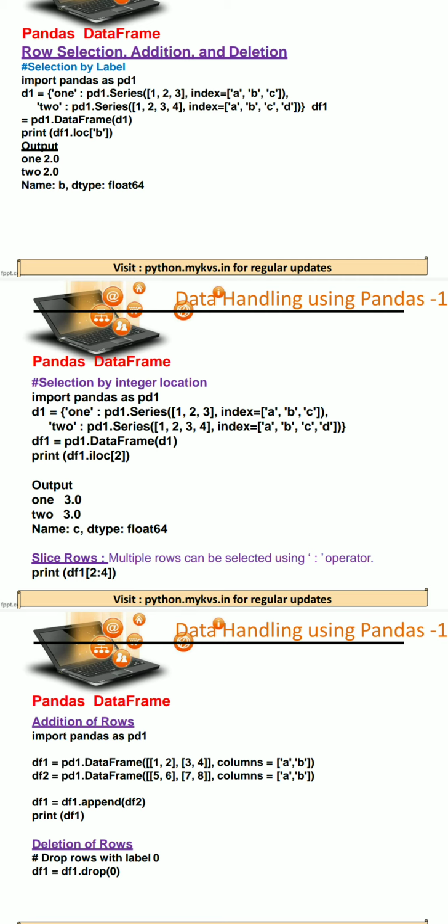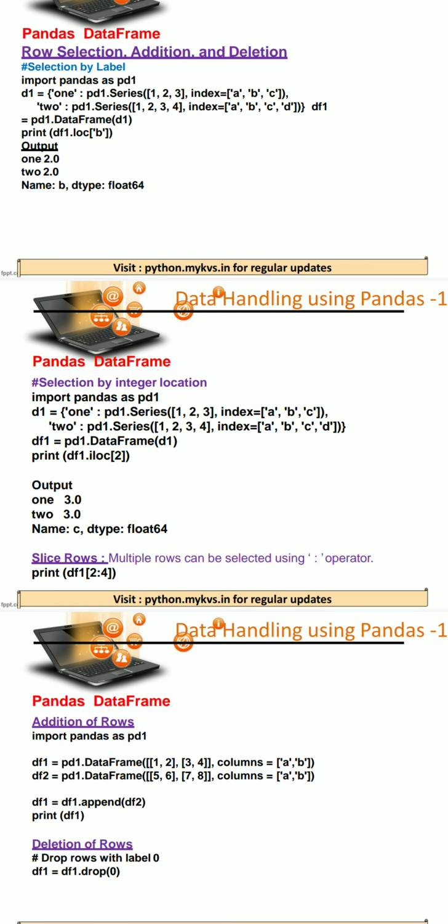Now I mention 2 index position to retrieve data. Here we are using df1.iloc for integer location, and inside the bracket we are mentioning 2 index position. It means at 0 index position there is value 1 1, at 1 index position there is value 2 2, and at the third index position there is value 3 3. So it will display 3 3.